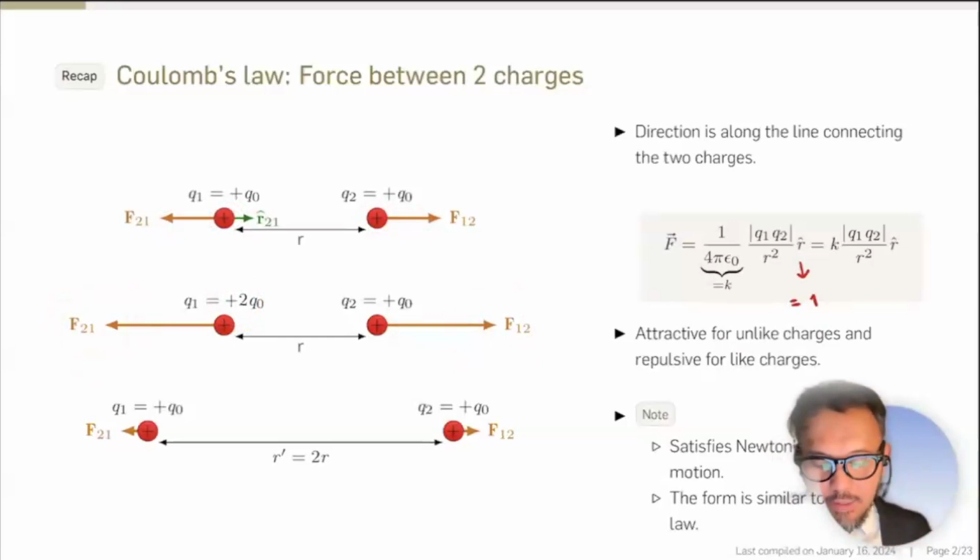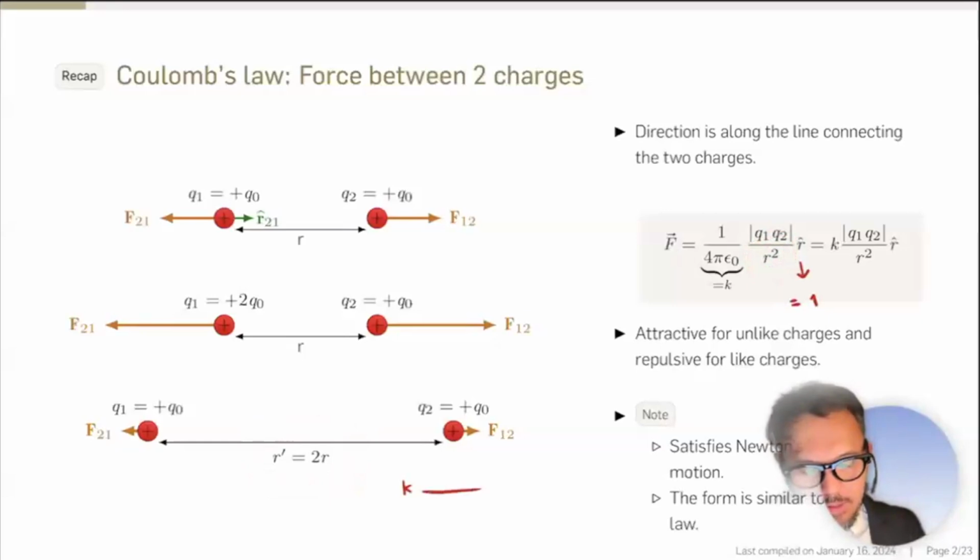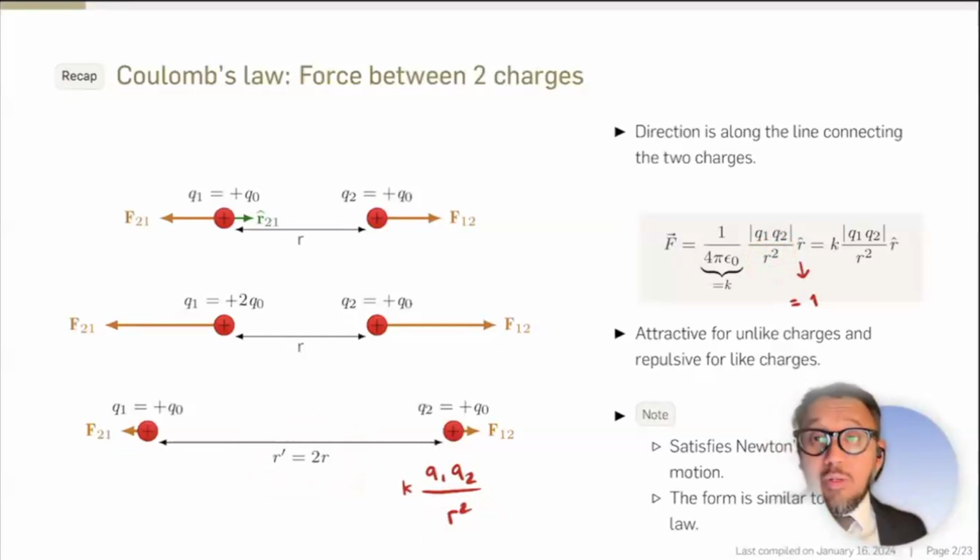And in this example, if we increase the separation by a factor of 2, then the force will be a factor of 1/4, because it is k times Q1 Q2 divided by r squared, right? If we increase r by a factor of 2, then the value will be smaller by a factor of 1 divided by 2 squared. I hope this is clear.